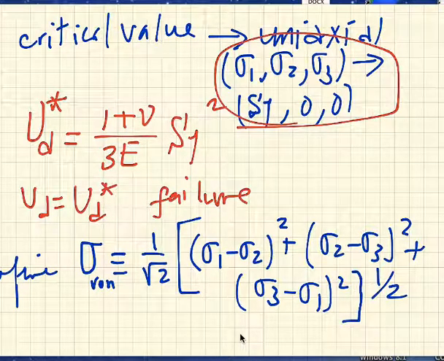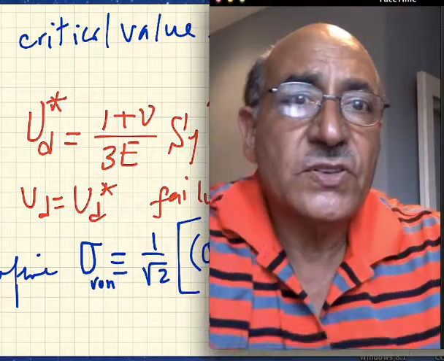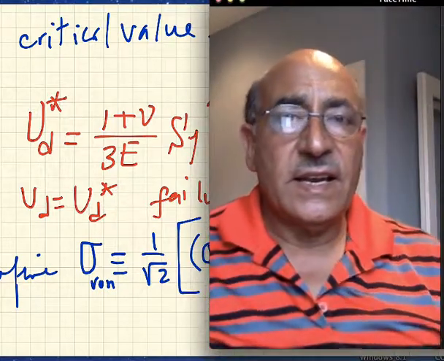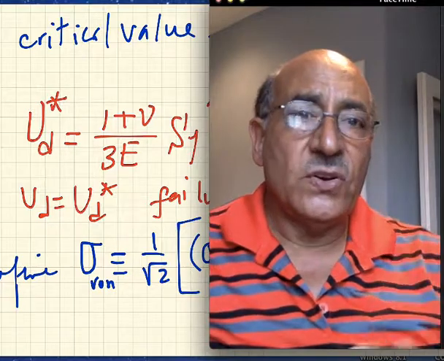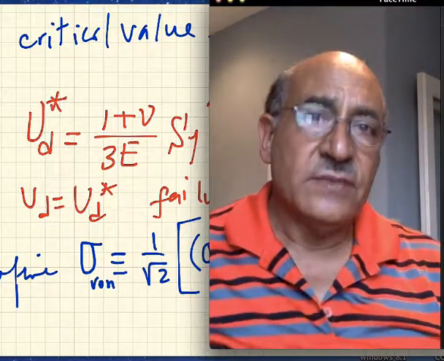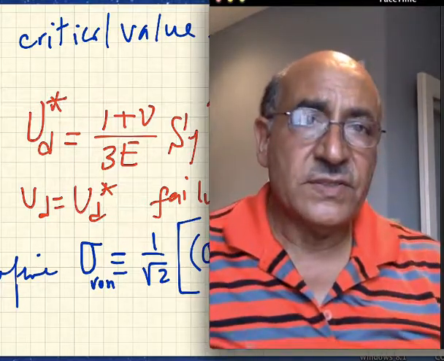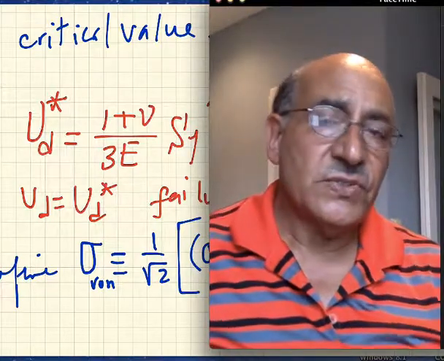But in many cases, we don't have 3 principal stresses. We have only 2, or we may not even have principal stresses, but other components of the stress tensor. In design applications, if we know all of the principal stresses, then fine, we can use the von Mises stress by this equation compared to the yield.